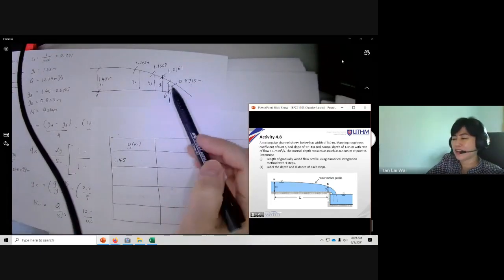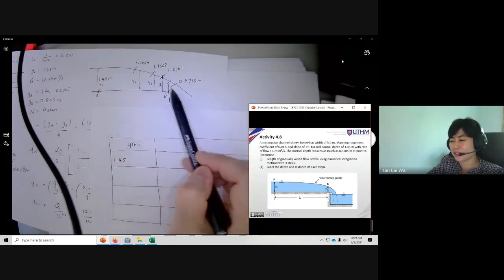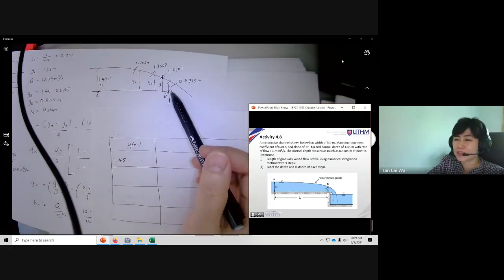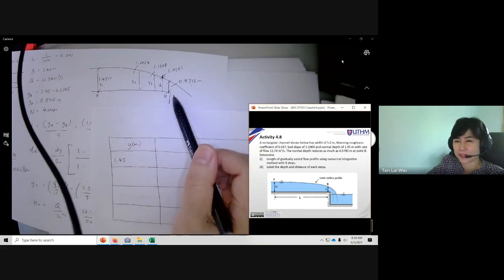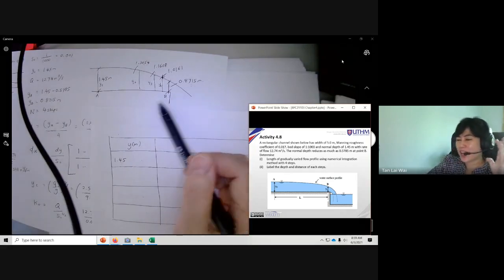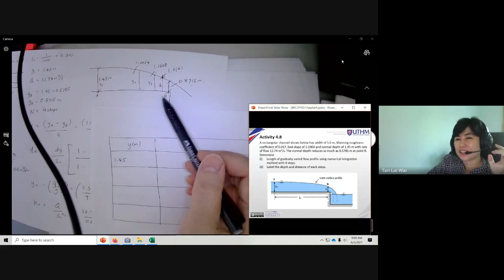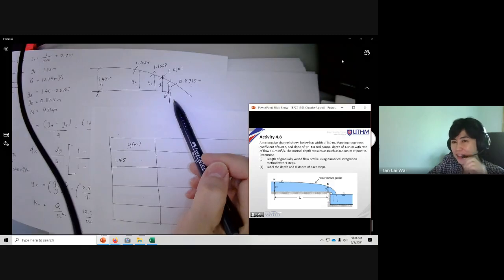You can actually calculate from this point upwards. It doesn't matter, here to here or here to here. It's just that you would probably end up with a negative if you calculate from here to here. You have to know the length of the gradually varied flow profile is a scalar, which means there's no negative value.